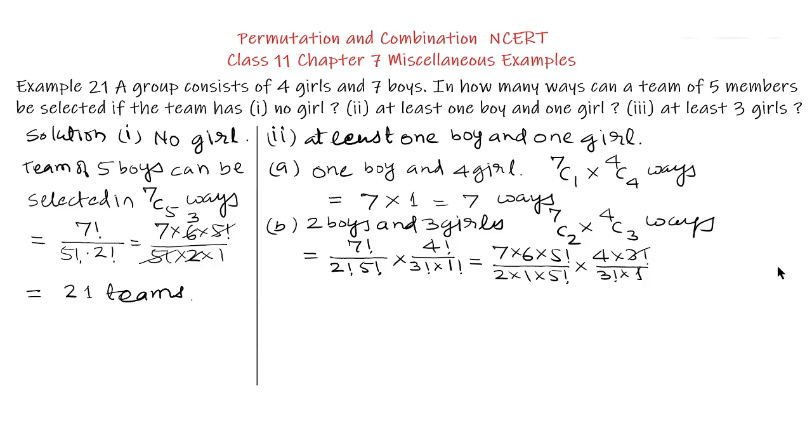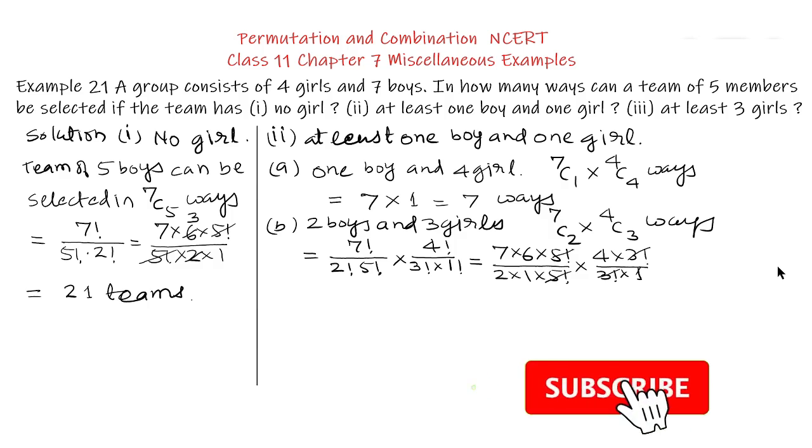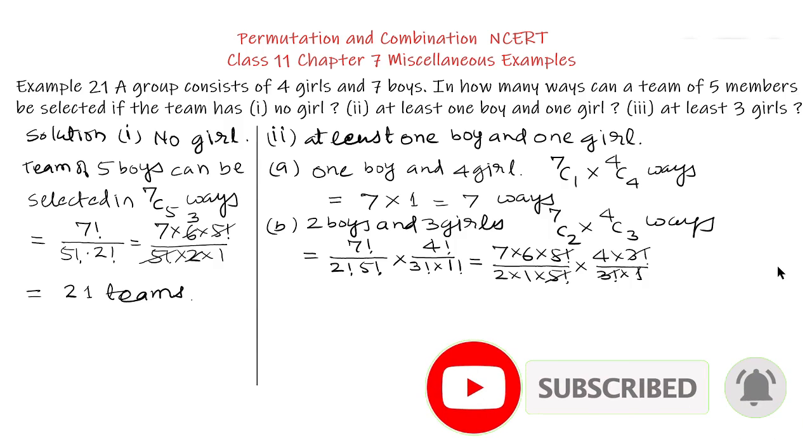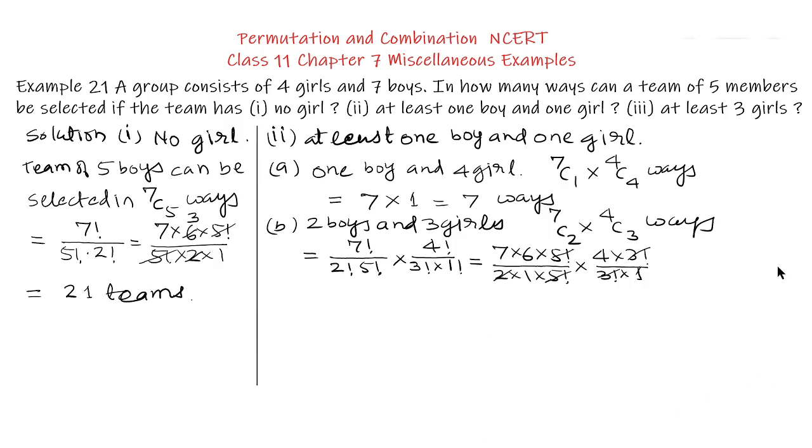So the 3 factorial of the numerator cancels the 3 factorial of the denominator, and the 5 factorial of the numerator cancels the 5 factorial of the denominator, and 2 of the denominator cancels the 6 of the numerator three times. This comes out to be 7 times 3 is 21, times 4 is 84 ways. So 2 boys and 3 girls can be selected in 84 ways.